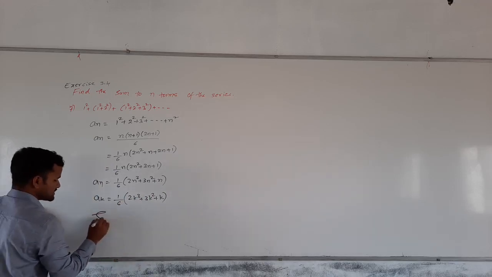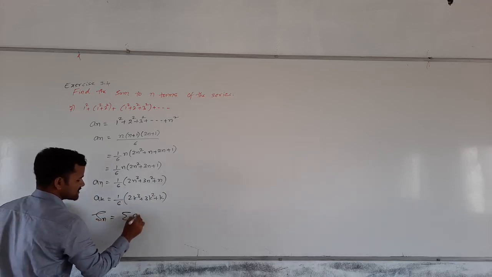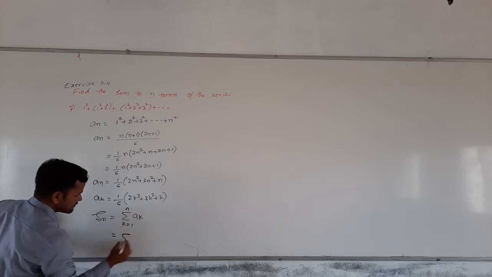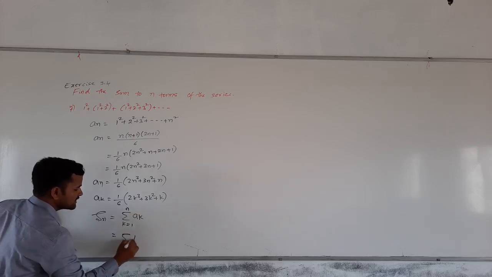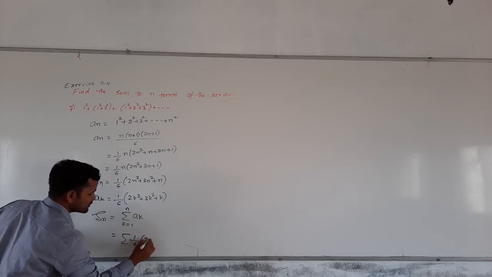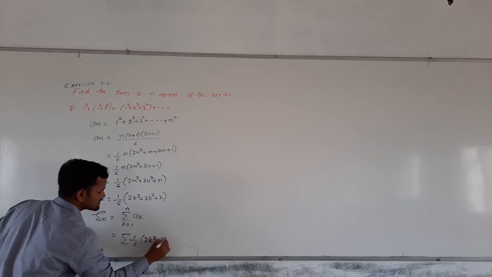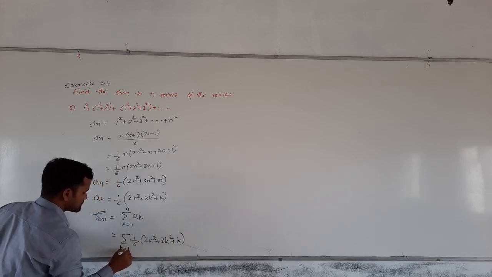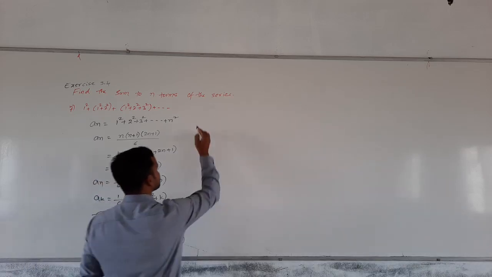Now we will use the Sn formula. Sn is equal to summation of ak, where k varies from 1 to n. Summation of ak is 1 by 6 into 2k cube plus 3k square plus k, where k varies from 1 to n.